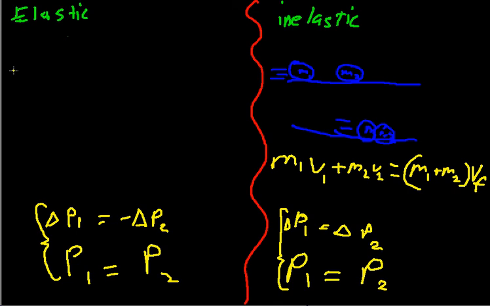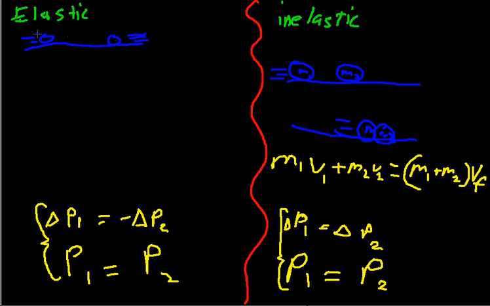Next we have elastic collisions. Elastic collisions are a little bit different and slightly harder, however, not by much. In an elastic collision, the two objects basically springboard off of each other. So this time I'm going to actually draw both of the objects in motion, because it just makes it easier to conceptualize.